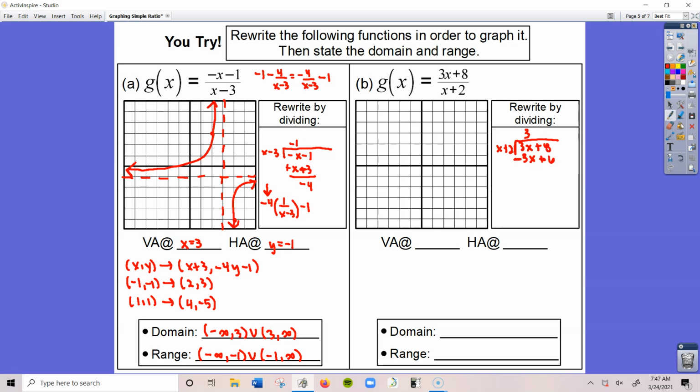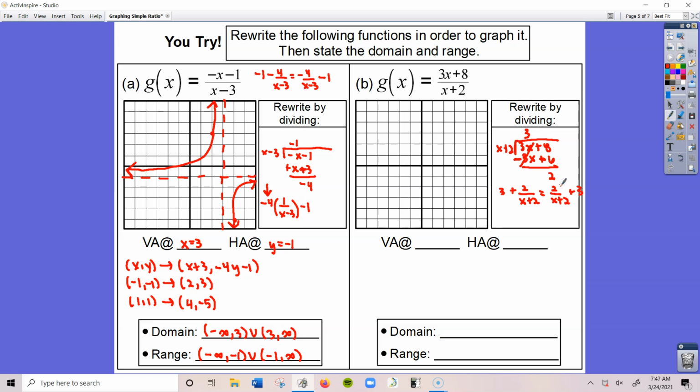Switch the signs. The 3x's cancel, and 8 minus 6 is 2. So my answer here, if you do it going through your process, would be 3 plus 2 over x plus 2, which then I can reverse the order. So 2 over x plus 2 plus 3.